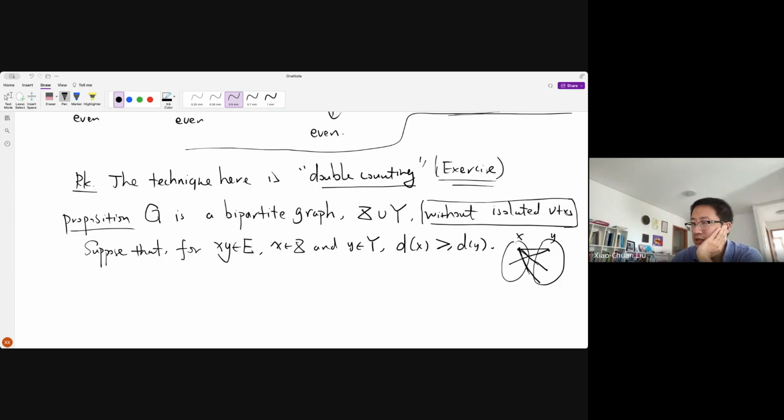Okay, so it seems, and it is correct, that this part has more vertices. Does it make sense?